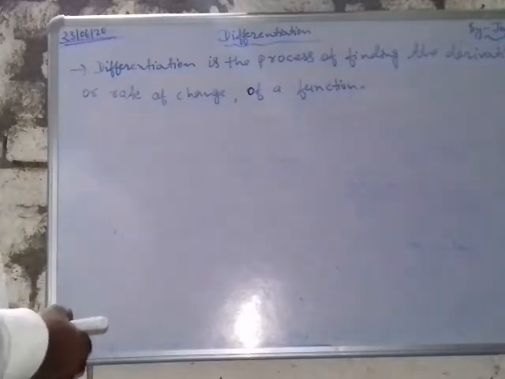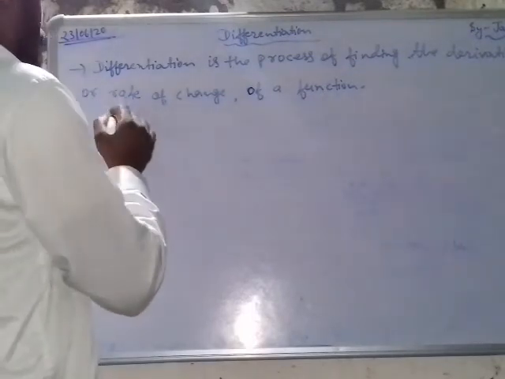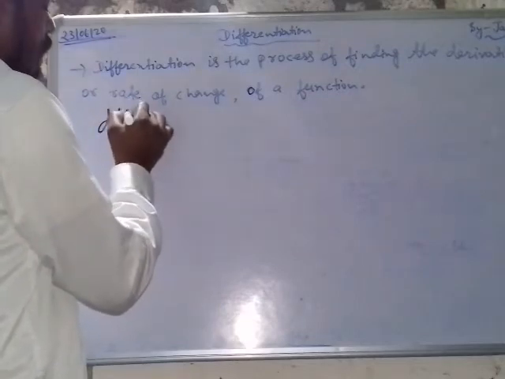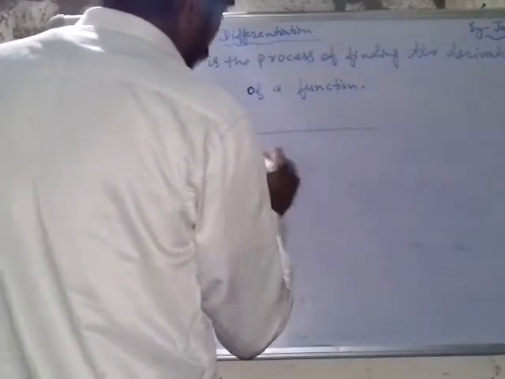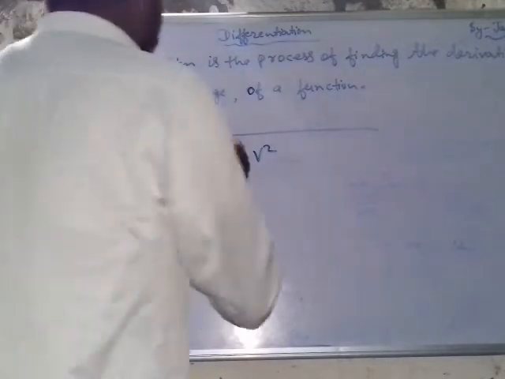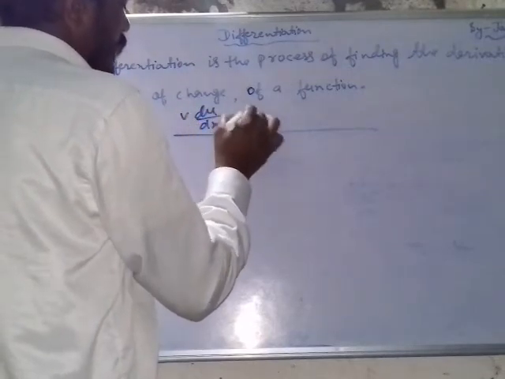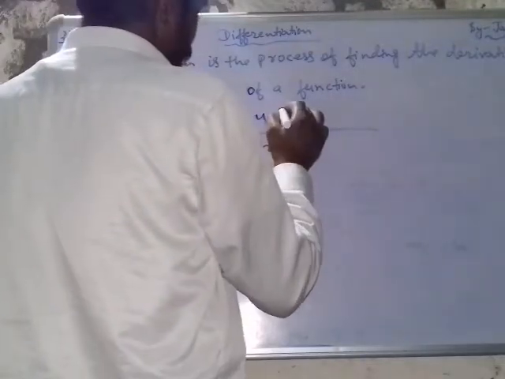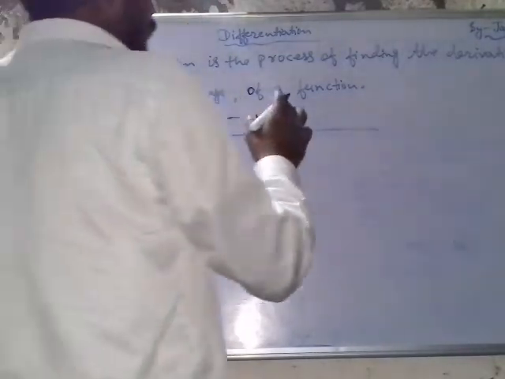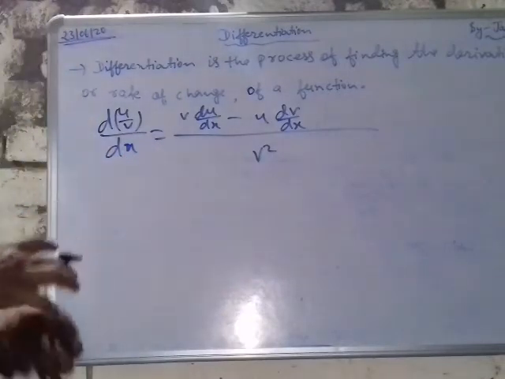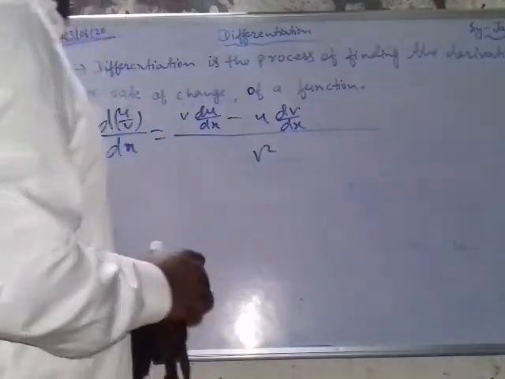The formula for differentiation of u by v with respect to dx equals v square in the denominator, and in the numerator v into du by dx, minus u into dv by dx. So the formula for functions in the form of u by v is v into du by dx minus u into dv by dx, divided by v square.